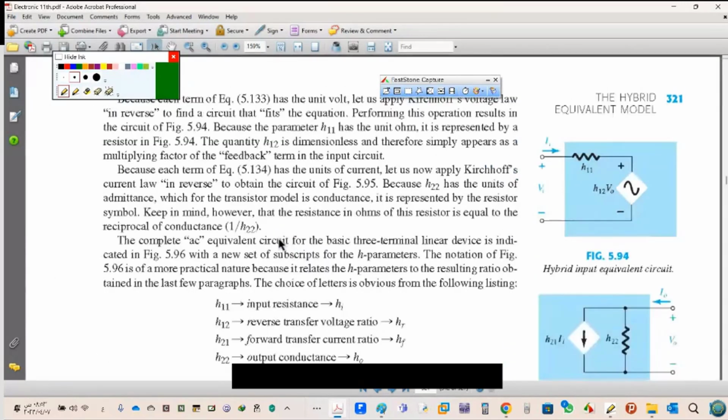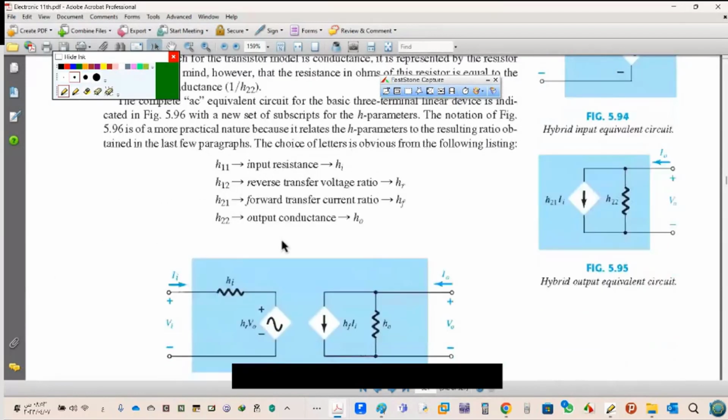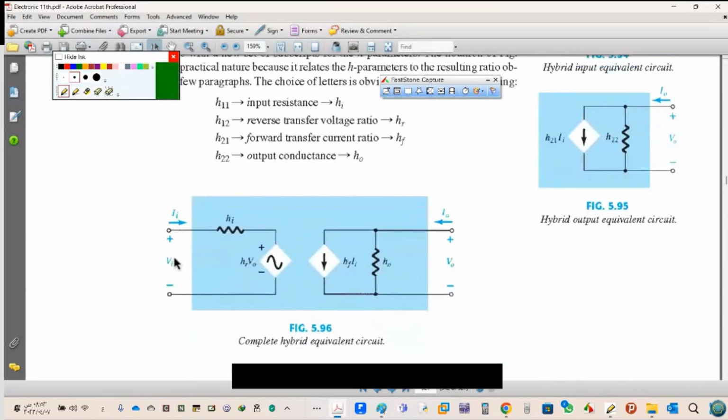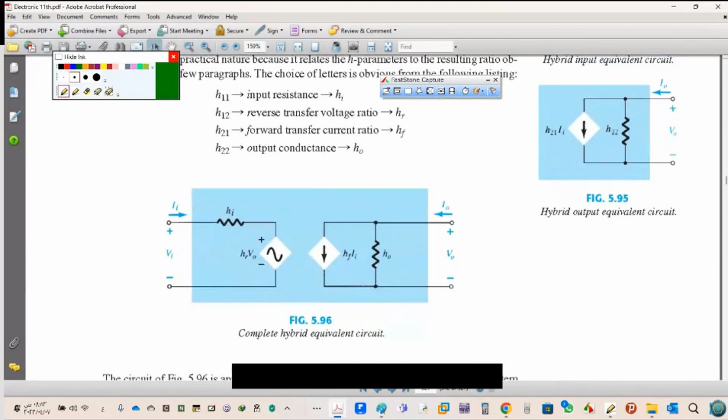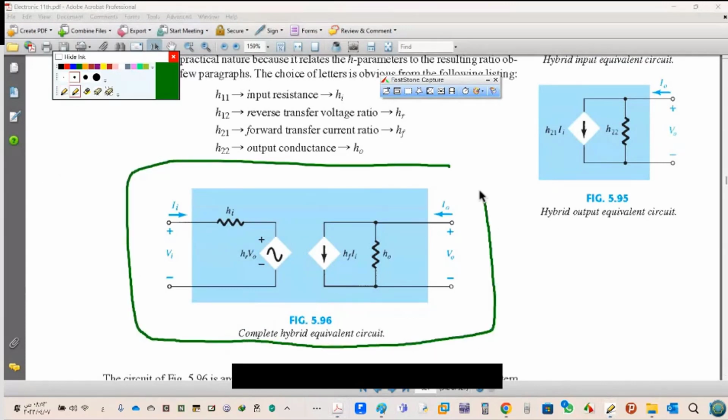These parameters start with this one. I will show you here the last parameters, this one. Complete hybrid model. This is the complete hybrid model. And this is very important for the exam. I have here HI, HR. This is a dependent voltage source.